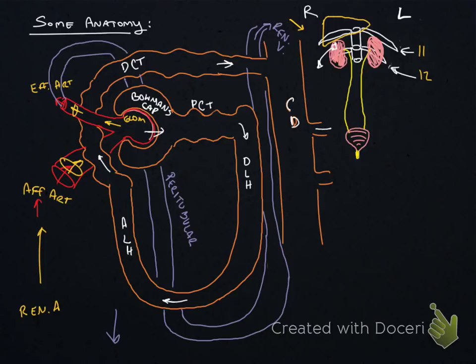So all the nephrons will be emptying into a collecting duct. The fluid will end up accumulating and then emptying into a ureter, and finally the urinary bladder.